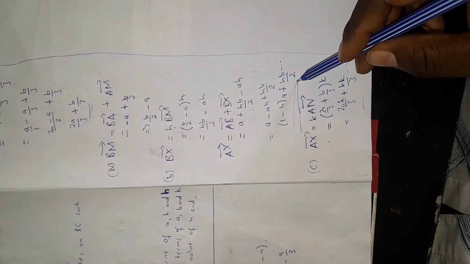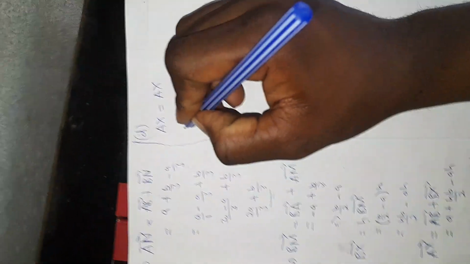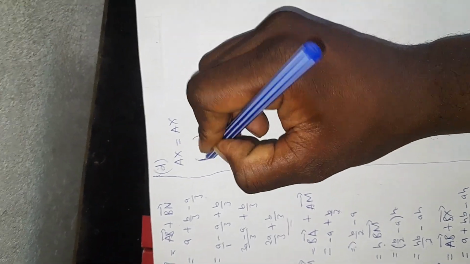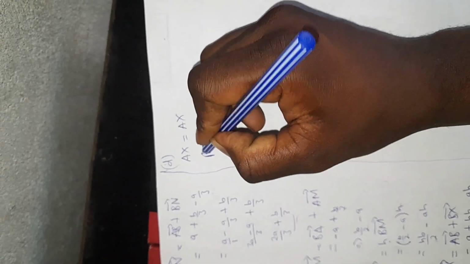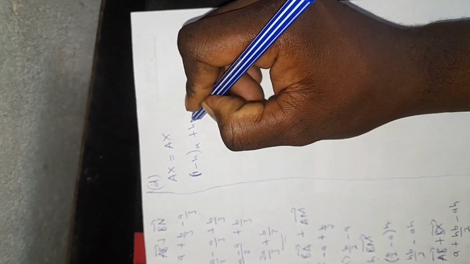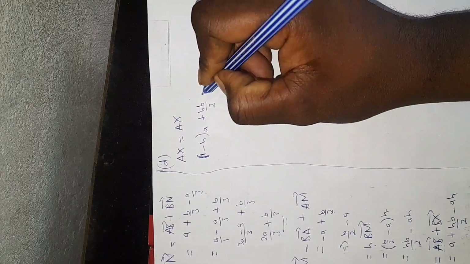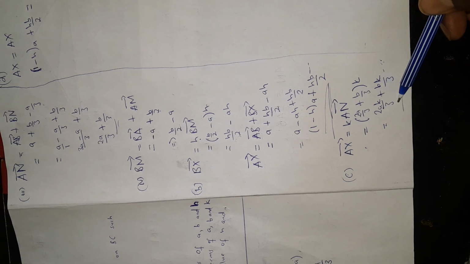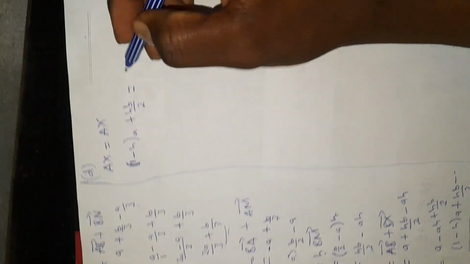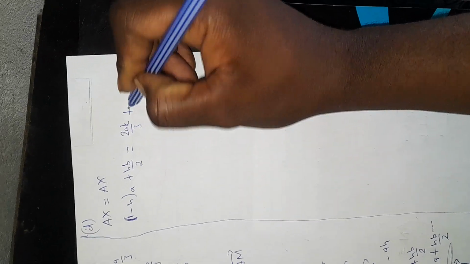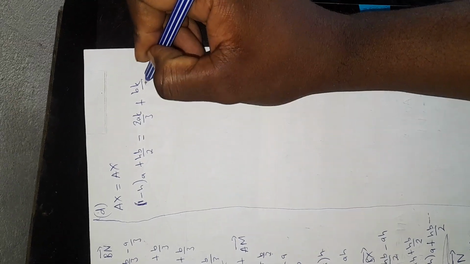My answer for this first AX is this one, so I write it here: 1 minus H A plus H B over 2 equals, and I write my other answer here, 2AK over 3 plus BK over 3.